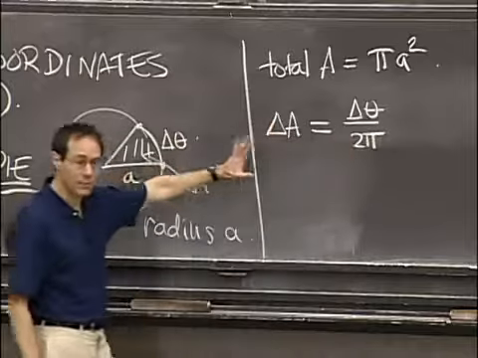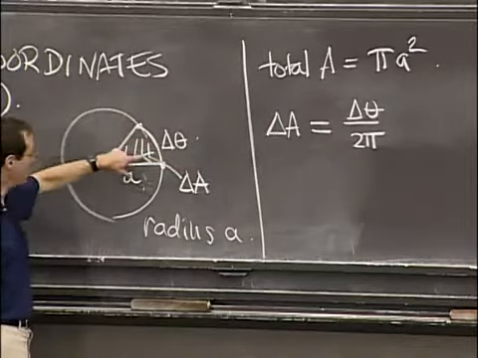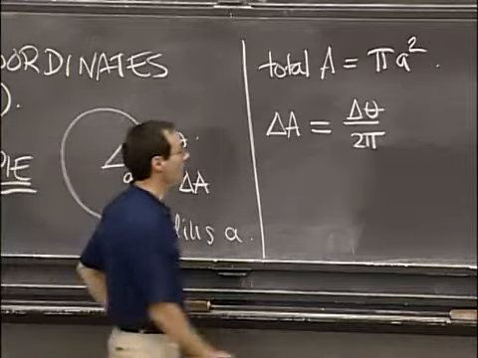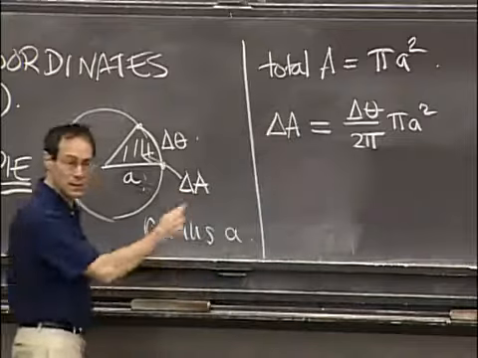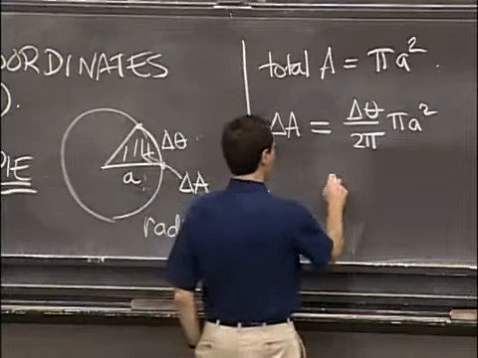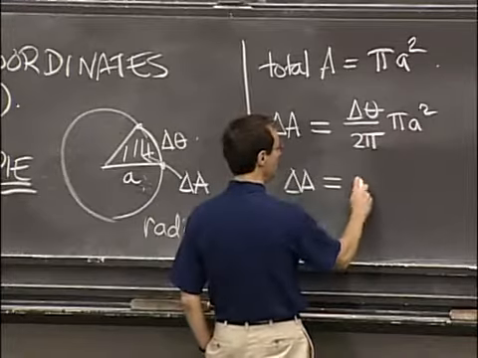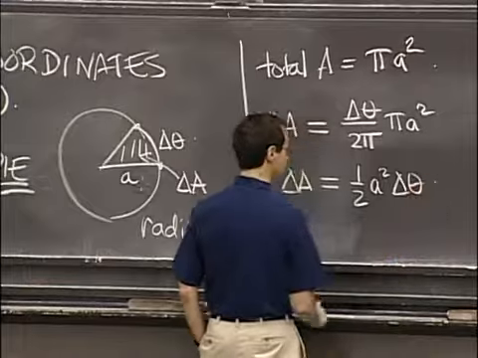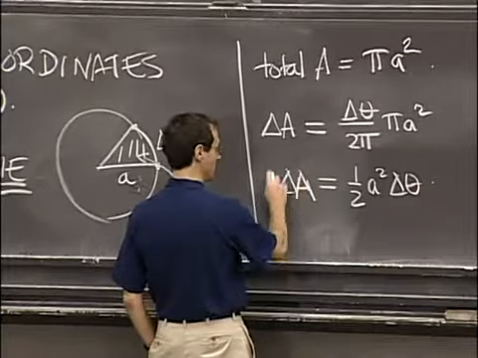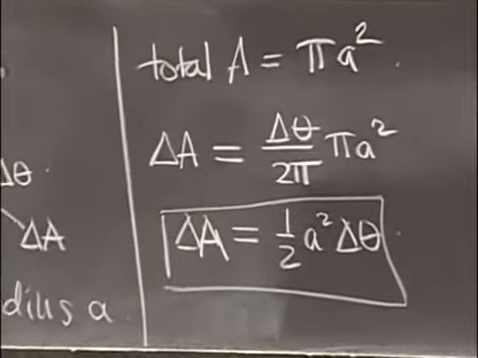This is the fraction of the total circumference, the total length around the rim. And then we multiply that by pi a squared, and that's giving us the total area. And if you work that out, delta A is equal to, the pi's cancel, and we have a half a squared delta theta. All right, so here's the basic formula.